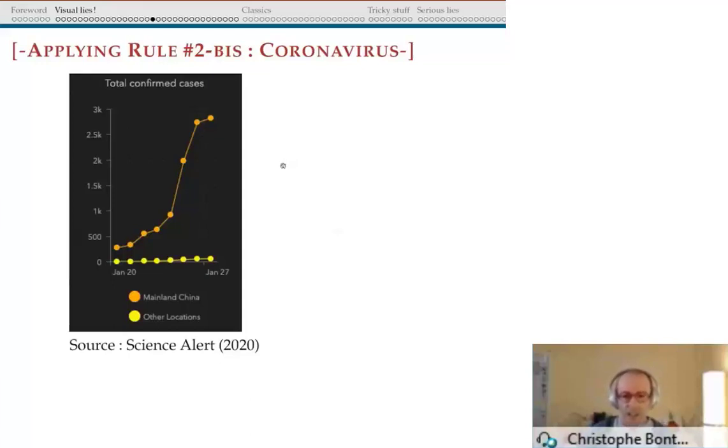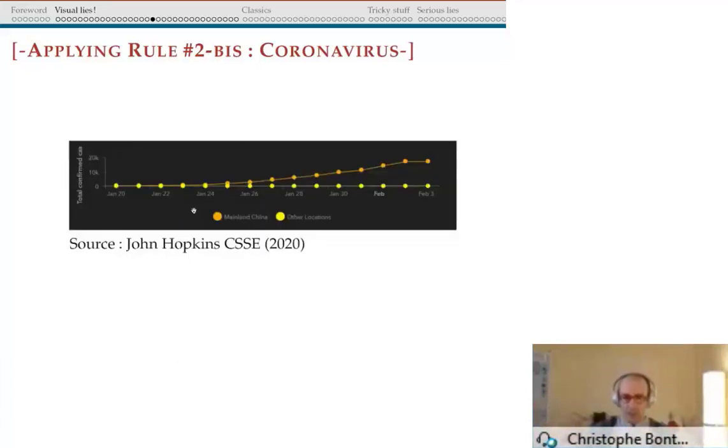On some websites, taken from the Johns Hopkins, actually, you have a very short x-axis and a tall y-axis showing the number of total confirmed cases in January. And the day after that, on Johns Hopkins, because they changed the layout, this was at the bottom. And so at the bottom, the curve looks very different than when it was on the left of the dashboard.